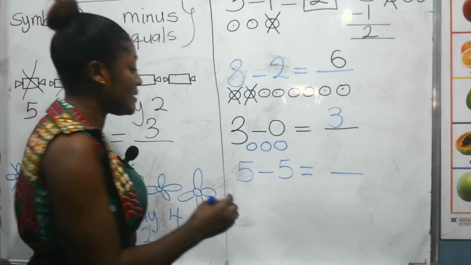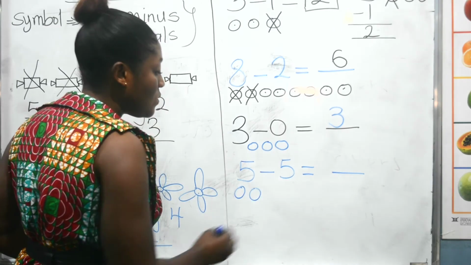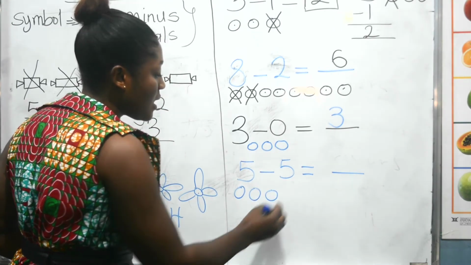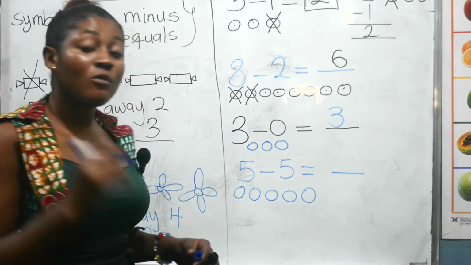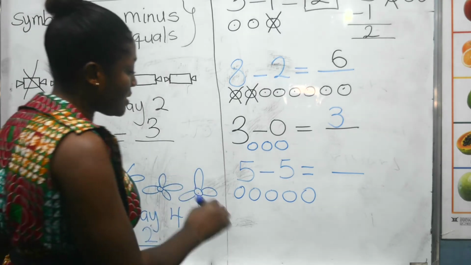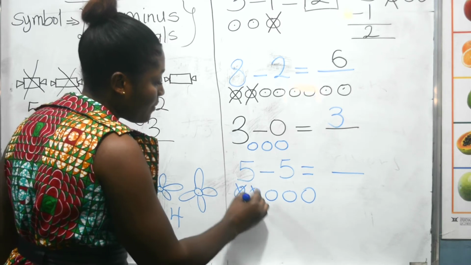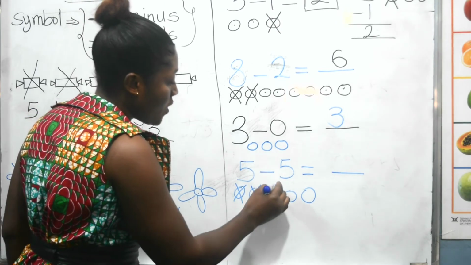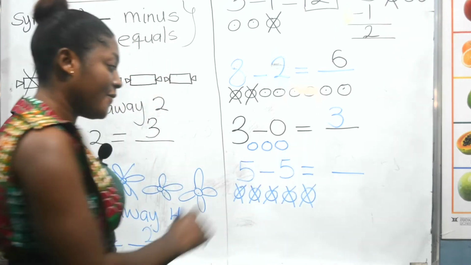Okay, so now let's do this one. 1, 2, 3, 4, and 5. And I'm going to take how many from it? 5. So now let's cross it. Let's take away by crossing it. So 1, 2, 3, 4, and 5.